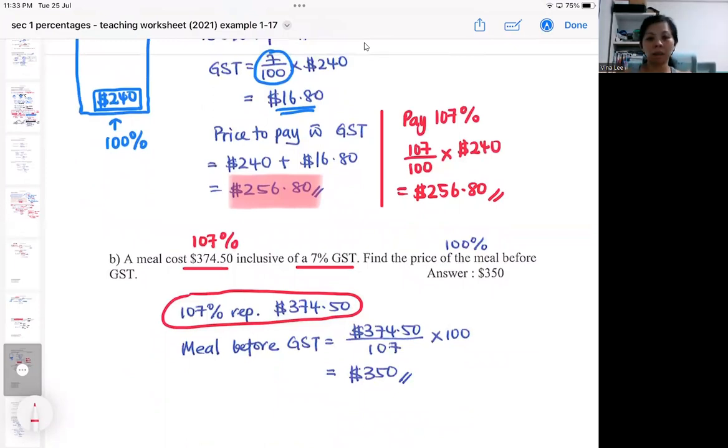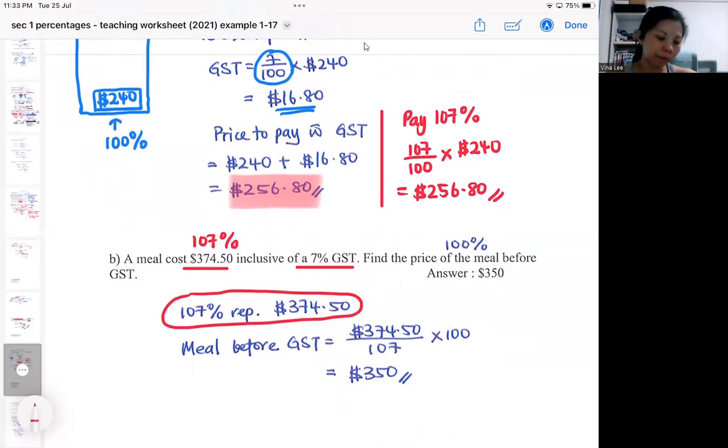It will be the 107%. Okay. The question will tell you the percentage GST. Sometimes in some countries, in Singapore, we already increased to 8%. So they will tell you, so you've got to take note, not every question will be 7%. They will specify it to you.